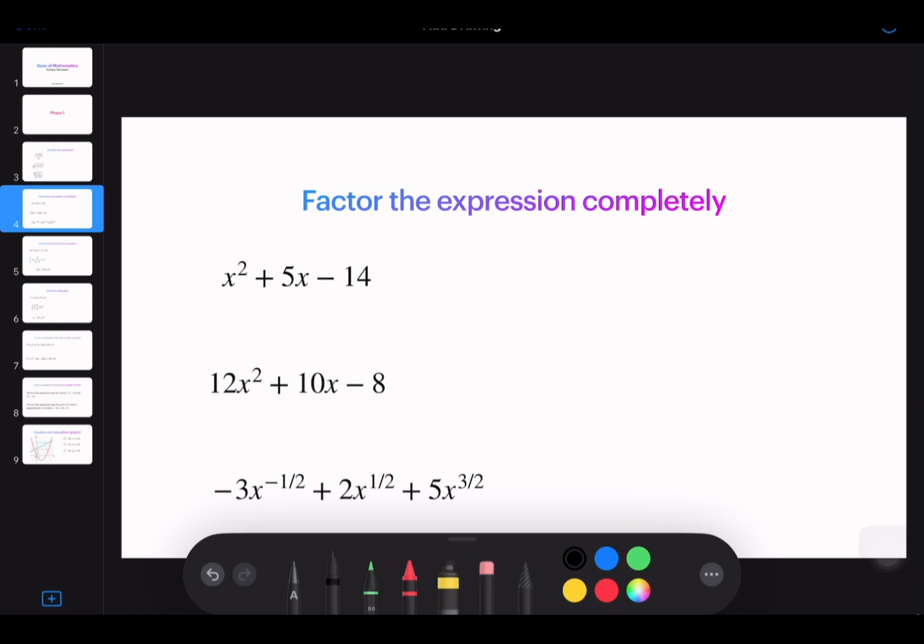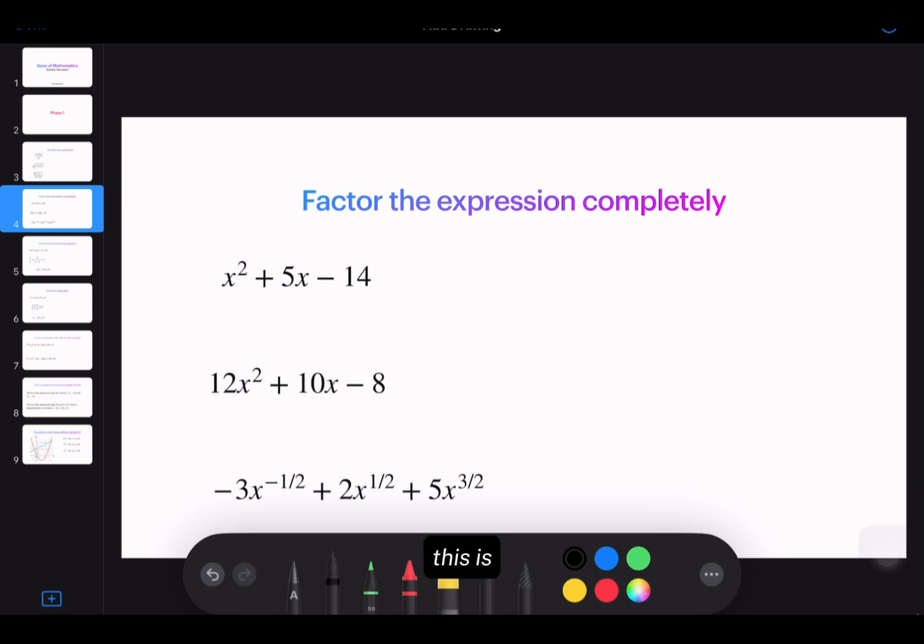Mm-hmm. I gotta write it again. So this would be x.